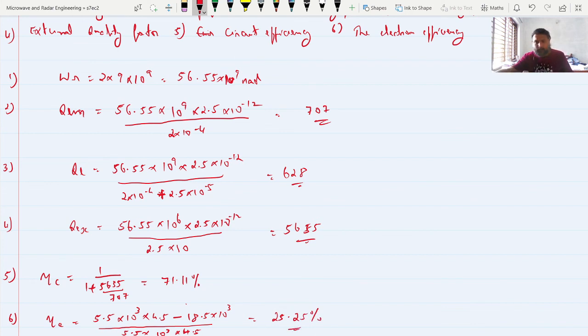So these are direct substitution numerical problems. If you have the equation I derived for the output power and efficiency of a magnetron oscillator, you just take that equation, study it, and substitute the values I have given in the question.